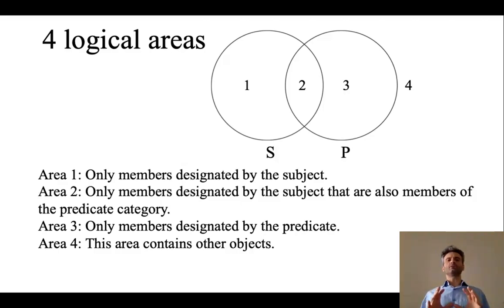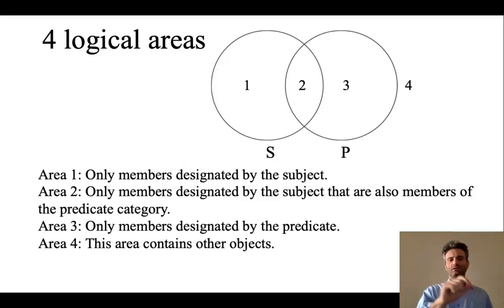But in order to make these statements, which are very useful to us, when we represent them using Venn diagrams, naturally, as you can see, we have to overlap two circles. By overlapping two circles, we signify that the subject and the predicate are related somehow.